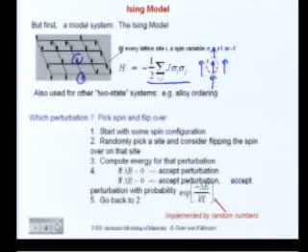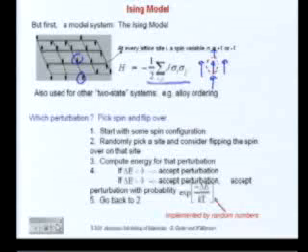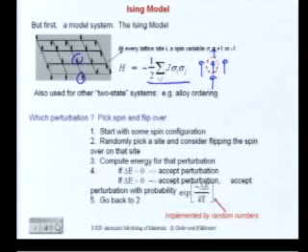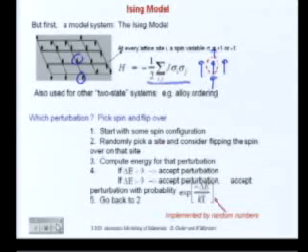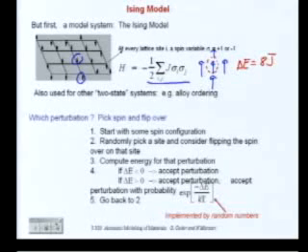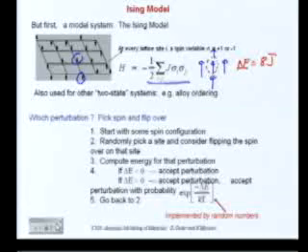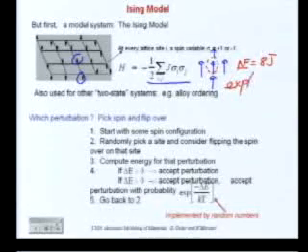If you flip, here you have 4 parallel bonds. If you flip this over, you have 4 anti-parallel bonds. So the delta E is essentially 8 times the bond energy, assuming in this case J is positive. So an excitation occurs with the rate of exponential of minus beta delta E.